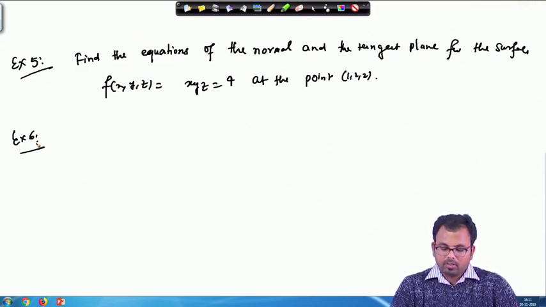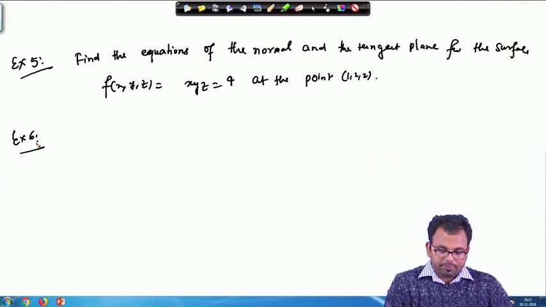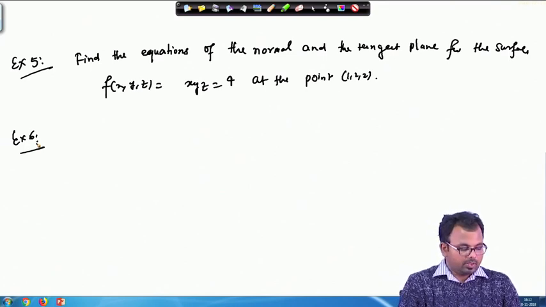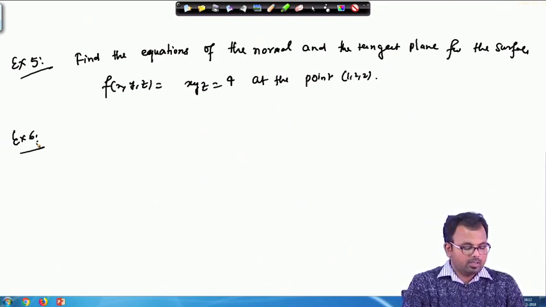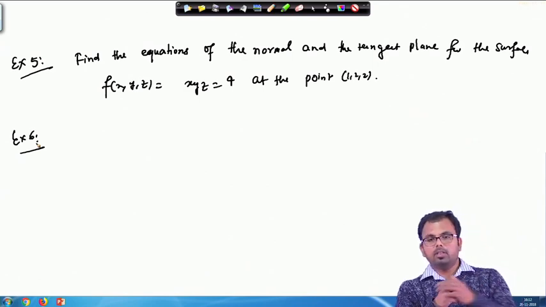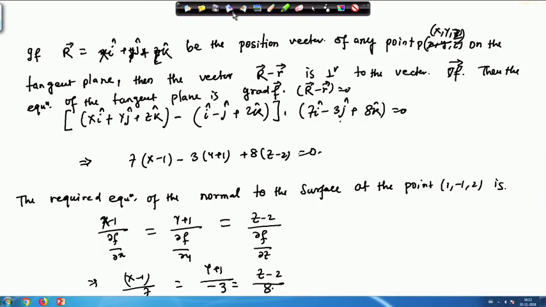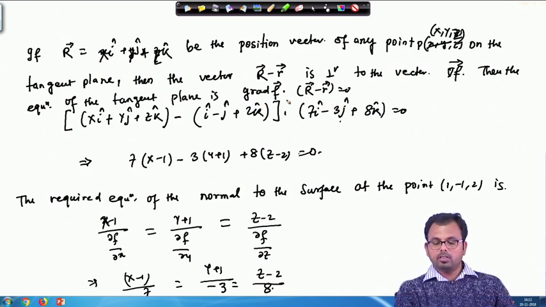In this case also we will calculate the gradient, and then from the gradient we calculate the equation of the tangent plane in such a way that we can write grad f dot (r minus R) equals 0, so that we obtain the equation of the tangent plane in this fashion.